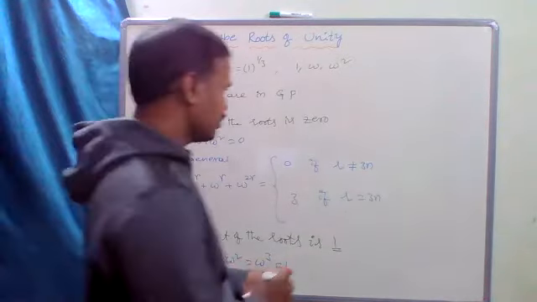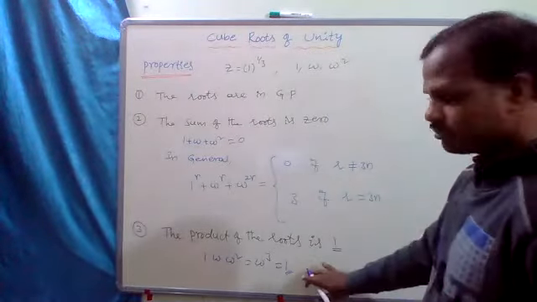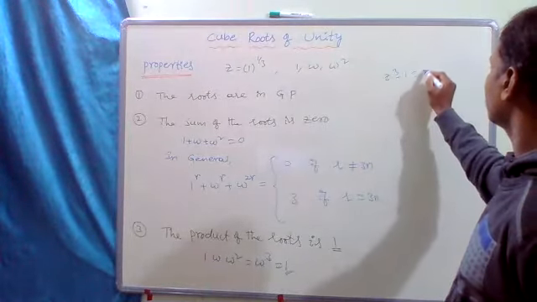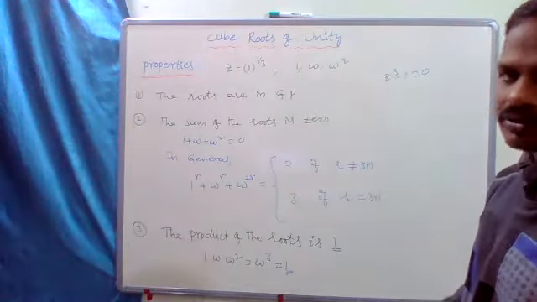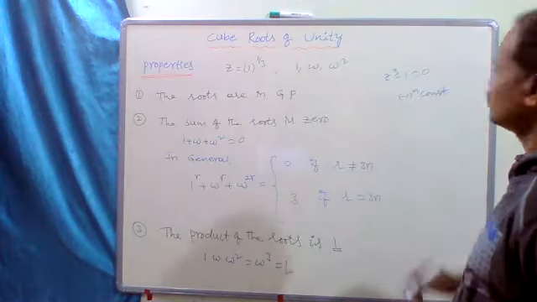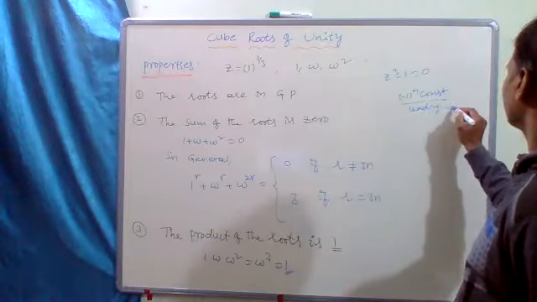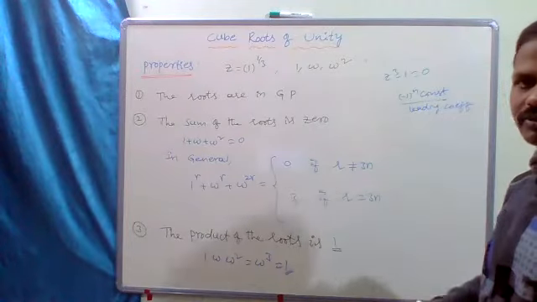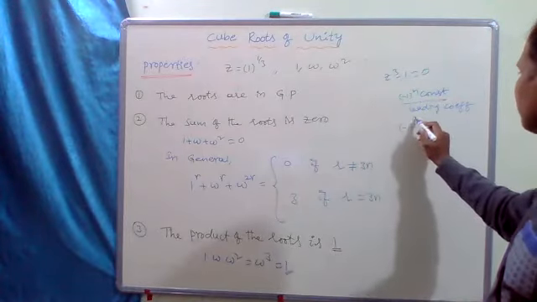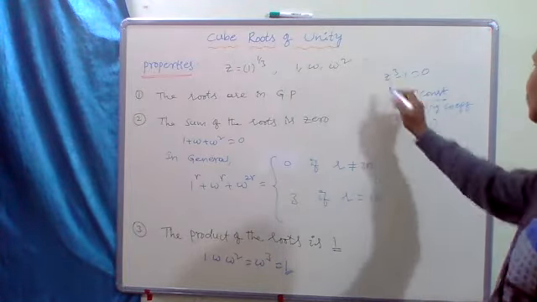Okay, so we can conclude this by using z cube minus 1 equal to 0. What is the product of the roots? The product of the roots is minus 1 power n, constant term by leading coefficient. Here n is 3, the constant term is minus 1, and the leading coefficient is 1.